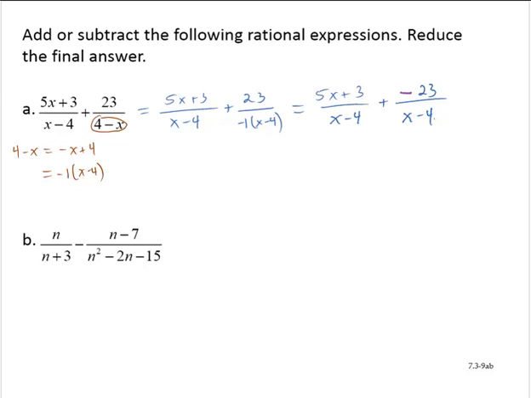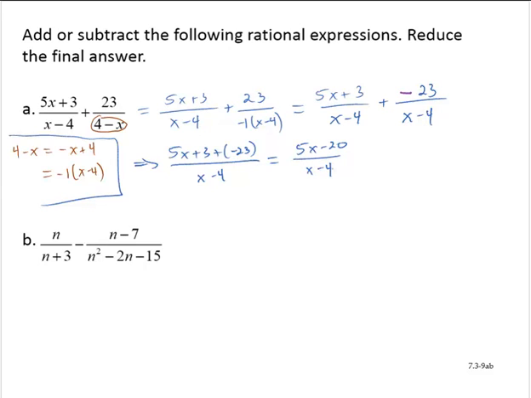And so now we see that we have a common denominator of x minus 4, and we can add these fractions. Alright, so that would give us then 5x plus 3 plus negative 23 over x minus 4, which simplifies to 5x minus 20 over x minus 4. So we've got these to a single fraction.